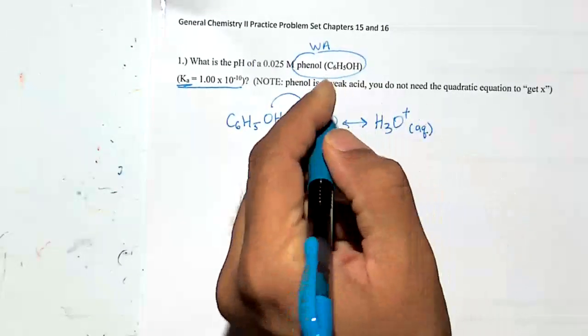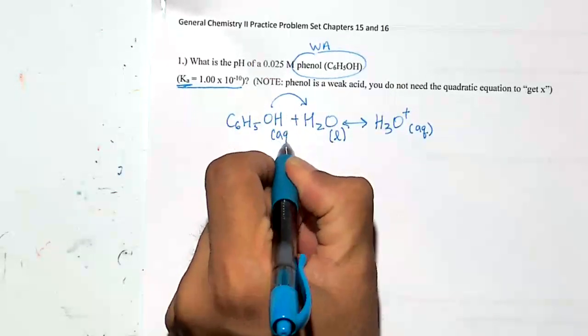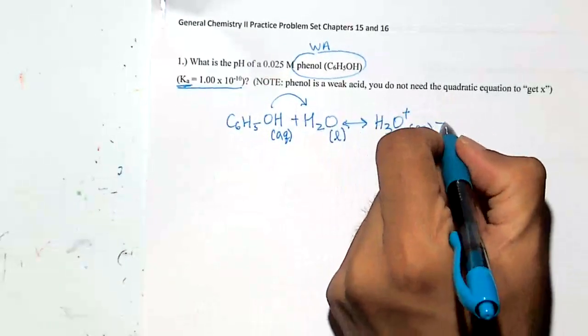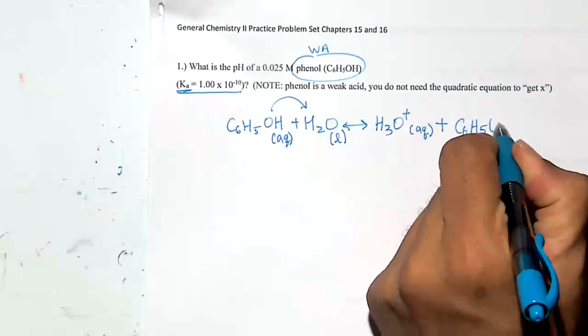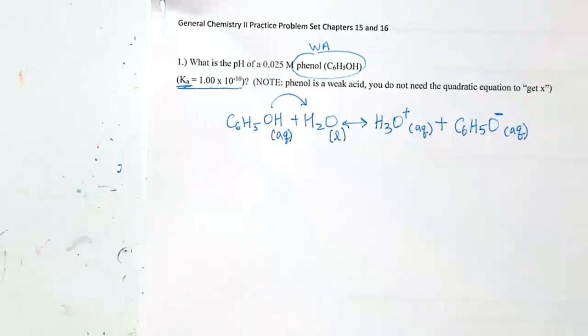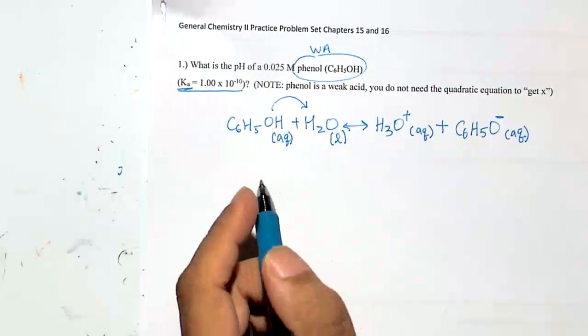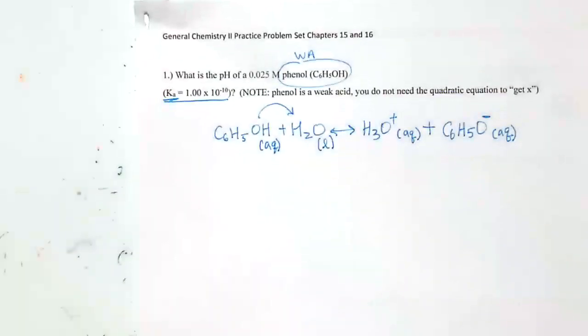Let me put the states in here. Aqueous, water will always be a liquid, and then you're going to get the conjugate base. So that's the first thing, and this has a Ka of 1 times 10 to the minus 10.